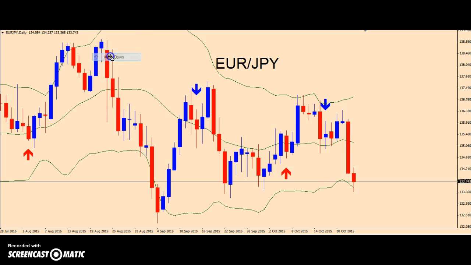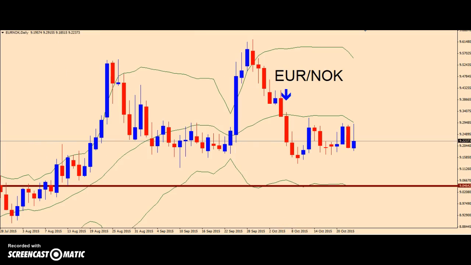So again, showing confirmation that the euro is weak and something is going to move in the direction that we anticipate it to, which it did.